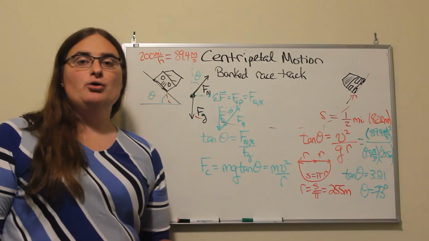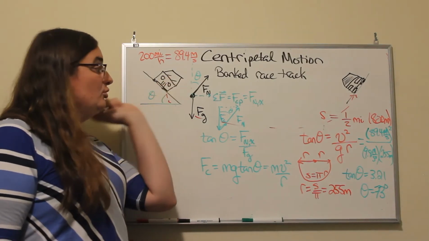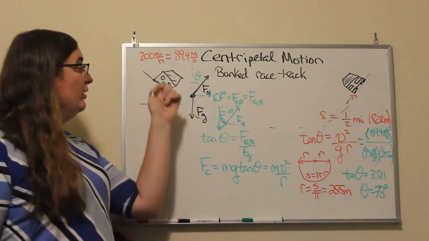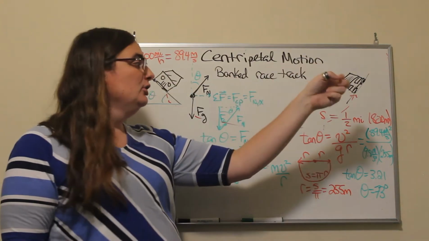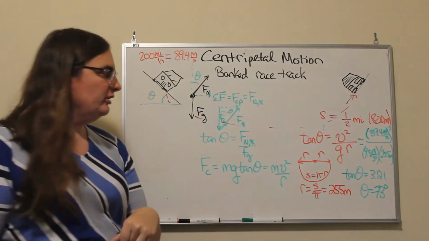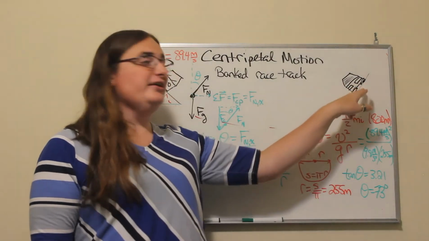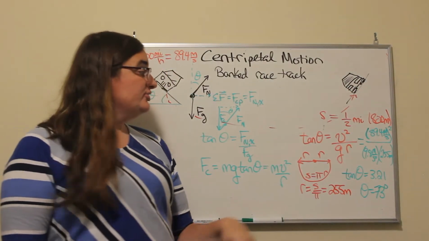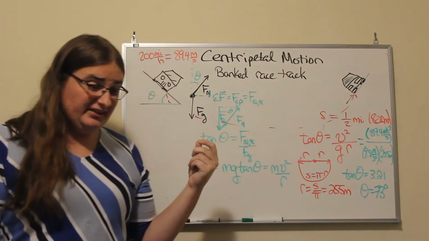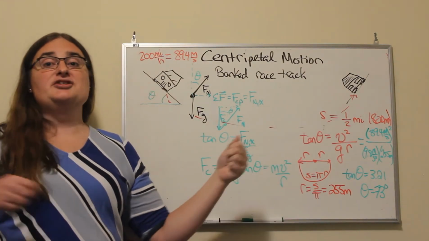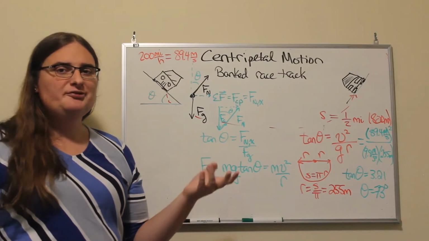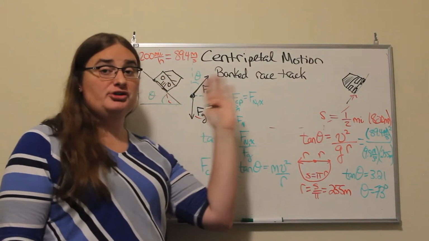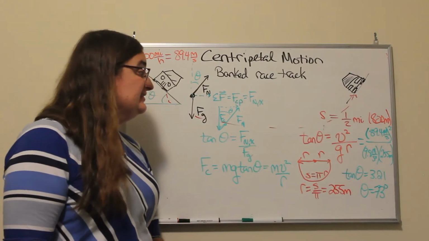So say we want to build a racetrack where we have no friction, but we want a car to be able to travel at 200 miles per hour around a 180-degree turn that travels a distance of half a mile. So essentially, this is like the 180-degree turns in roughly the Indianapolis Motor Speedway size distance.